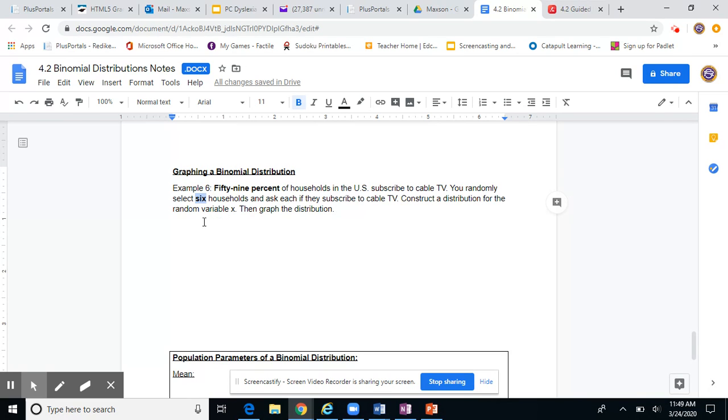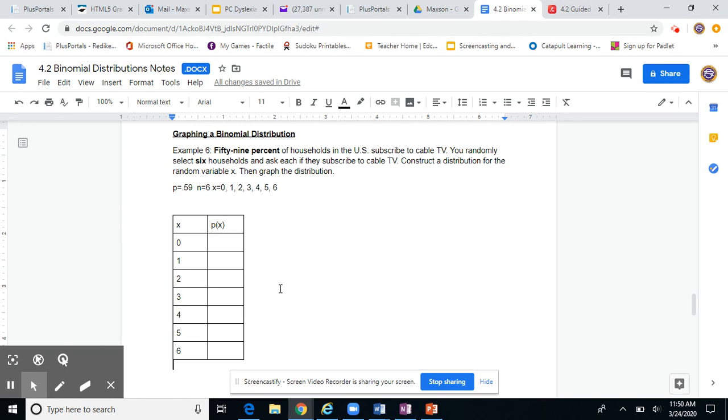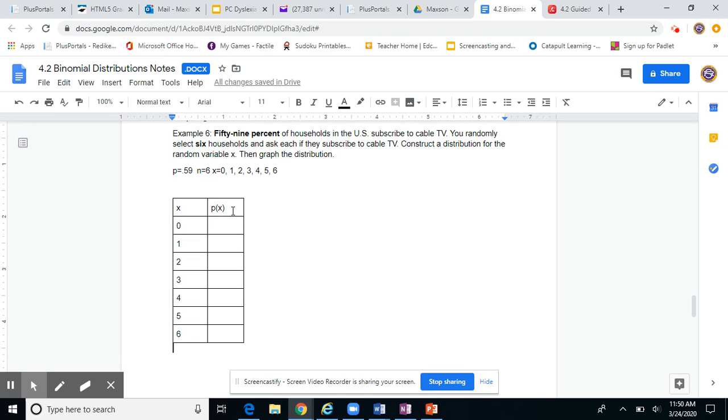So 59%, so p is 0.59. n equals 6. And our x values go from 0 to 6, because those are our possible values for successes. So the first thing I'm going to do is make my x and p of x column.